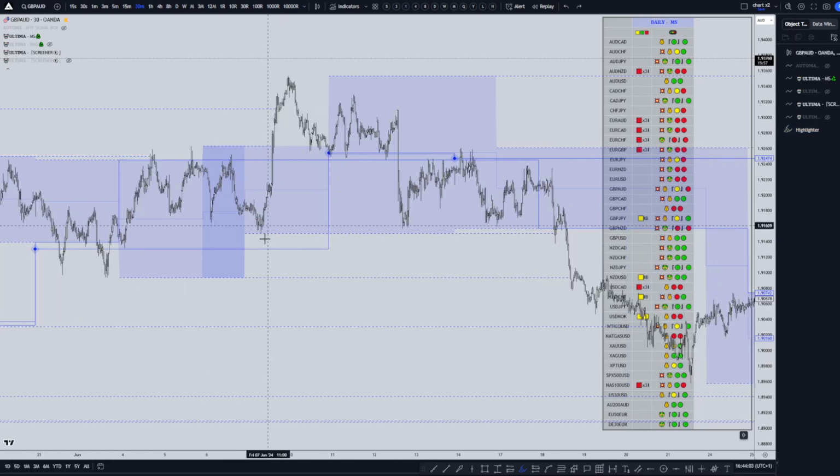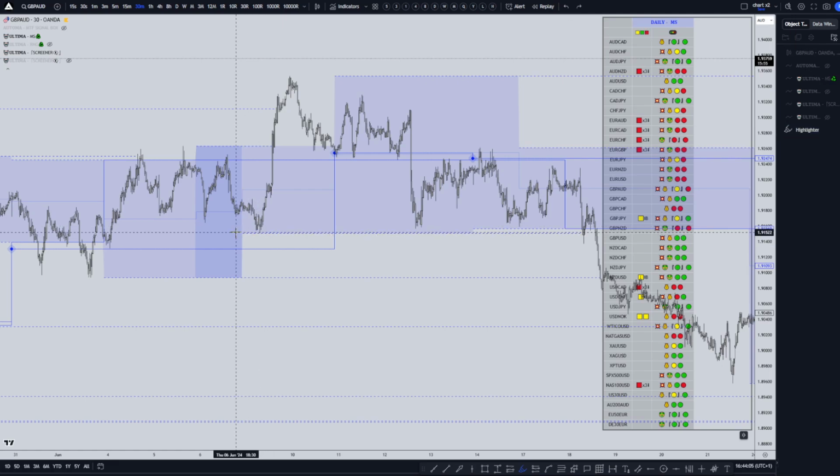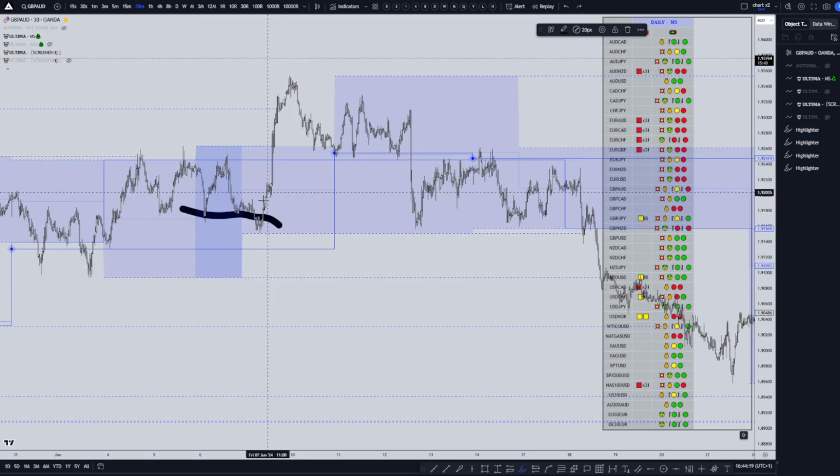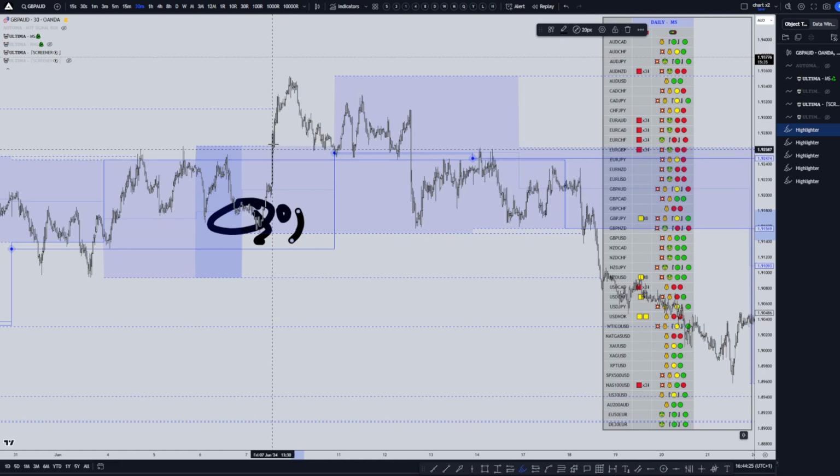In this case it respected this point, which was created from here. So this pullback went under 50%, and that is impulse, correction, impulse. From this point we knew this sign of strength from the low of the day was to continue the market structure break and target this liquidity.